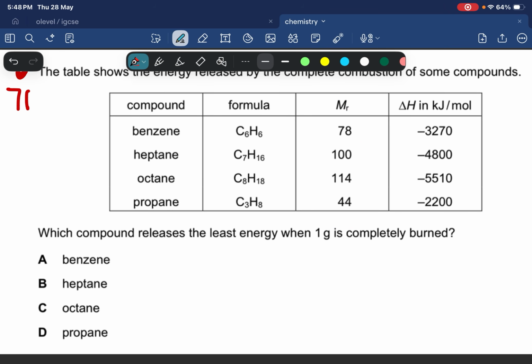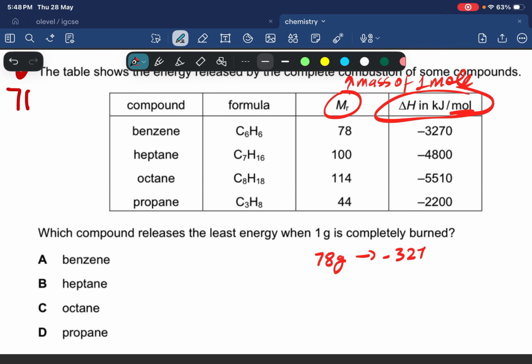So 78 grams is releasing, because that's per mole, negative 3270 energy.